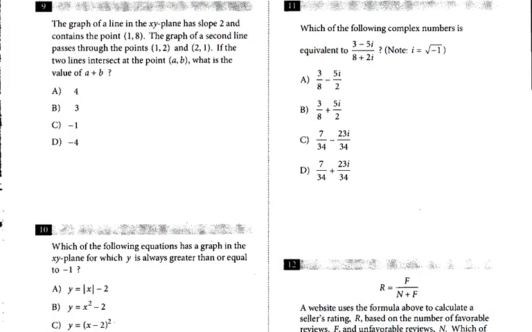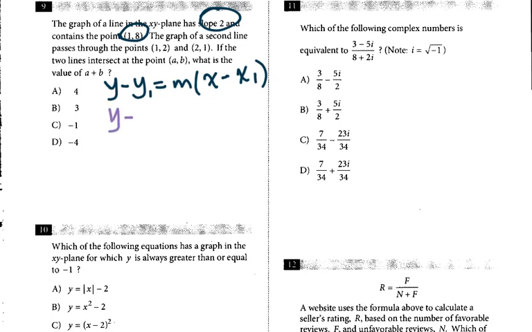For number 9, if we know the slope and a point, normally we use this formula to figure out the linear function. So we just plug in this time: y minus y1, this is x1, here's y1.